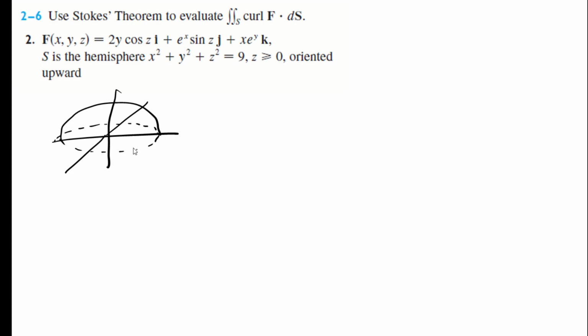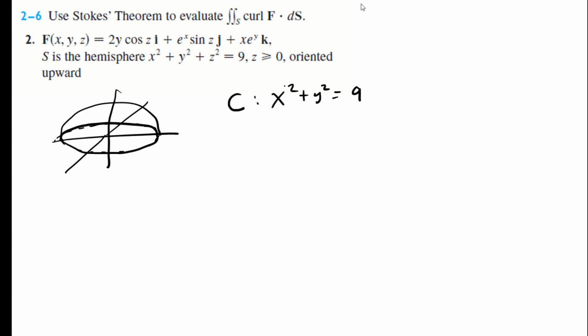The boundary is just going to be when z equals 0, this bit right here. So my contour is going to be when z equals 0, which is x squared plus y squared equals 9.